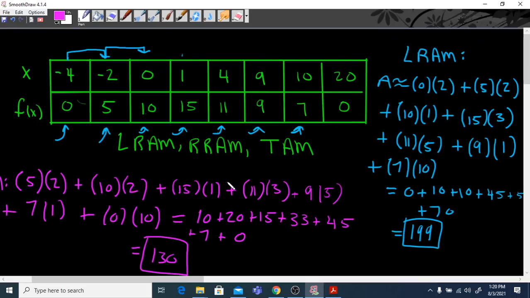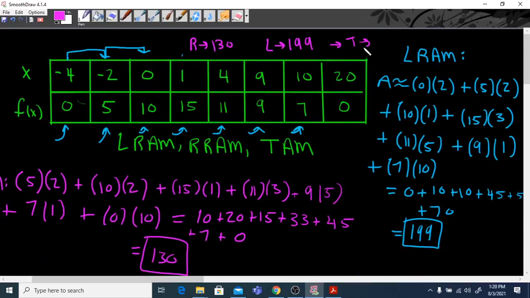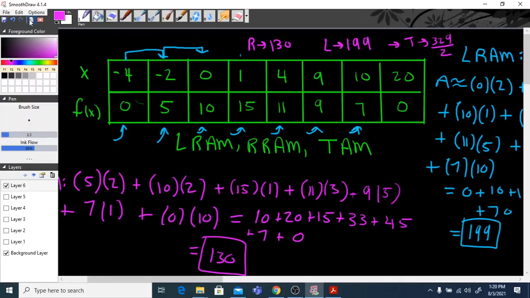I'm going to summarize the results up here. So for right RAM, we got 130. For left, we got 199. For the trapezoid, when we calculated it the easy way, we get 329 divided by 2. Okay, so there's those results summarized there.